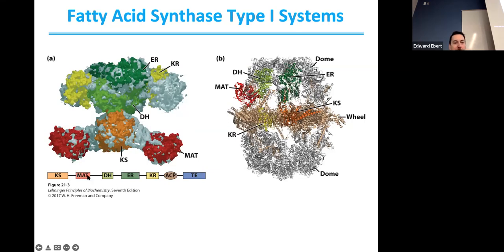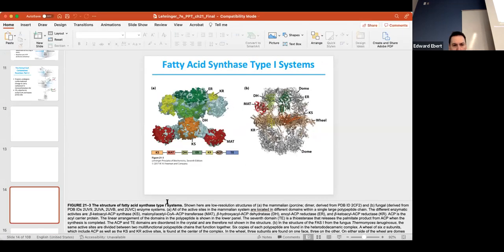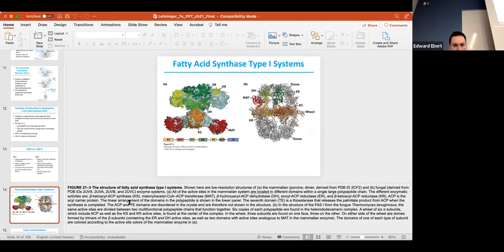Here we have our various subunits, and actually I should have looked at this ahead of time. There we go, we have a key down here for what those little subunits are. There is a ketoacyl synthase for the KS, malonyl acetyl transferase for MAT, a beta hydroxy dehydratase for the DH, so that's a dehydratase where we're pulling off our hydrogen, and enol ACP reductase for ER.